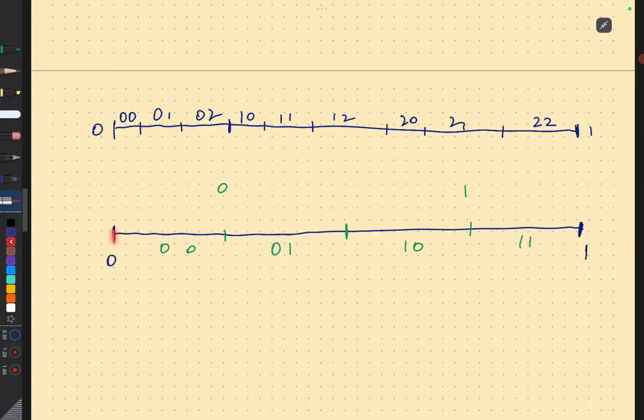Now let me look at a binary partitioning of the interval from 0 to 1, but the uniform binary partitioning. So I have 0, 0 0, 0 1, 1 0, 1 1, and then I subpartition this into 0 0 0, 0 0 1, 0 1 0, 0 1 1, 1 0 0, 1 0 1, 1 1 0, 1 1 1.